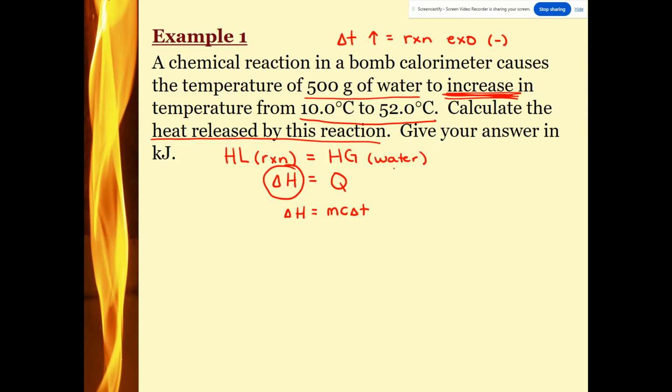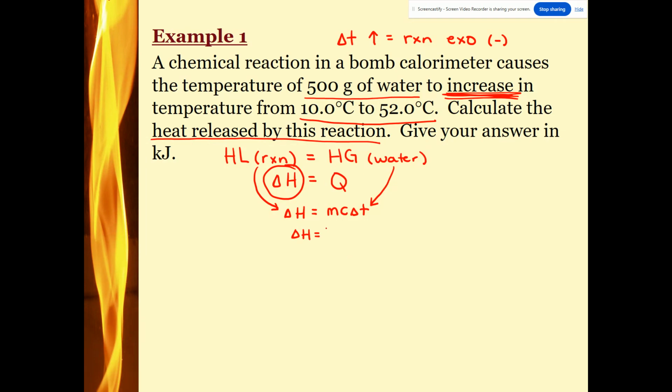Now this setup allows me to see that everything that I'm doing on the Q side is for the water. Anything I'm doing on the other side, the delta H side, is of the reaction. Now, what is reacting here doesn't really matter. We're just looking for delta H. So if I'm solving for delta H, I leave it as it is.